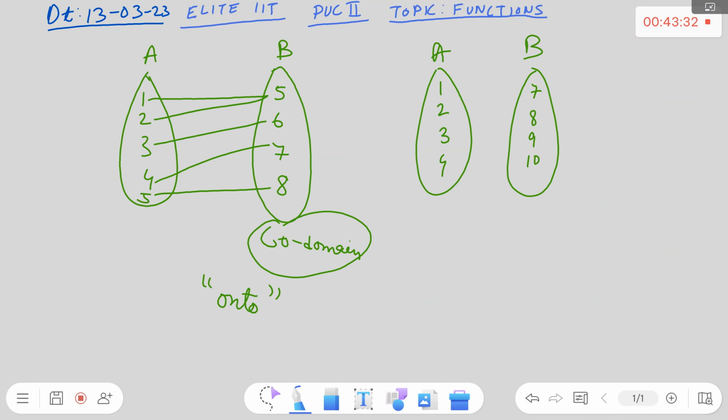We studied injective. Injective was one one, isn't it? Let me write it here. Only these two have special names. One one has a special name. It is called injective. And onto has a special name. What is this called?